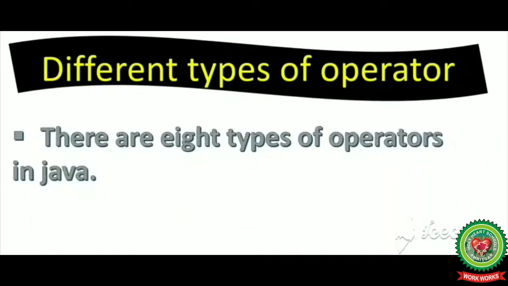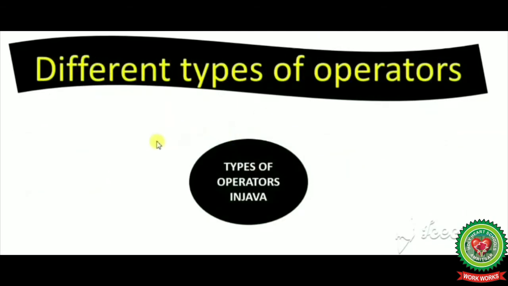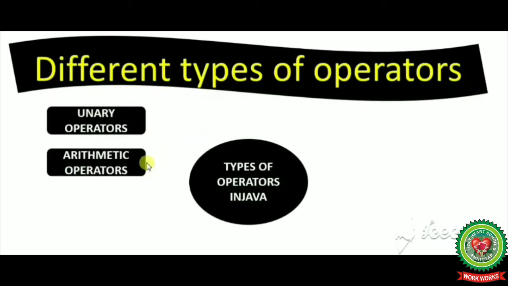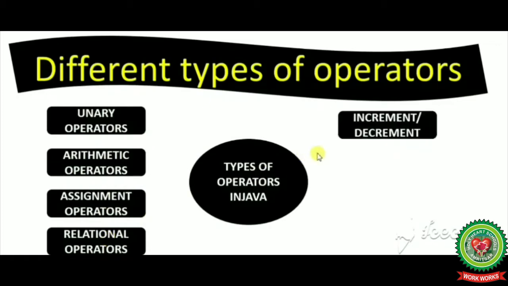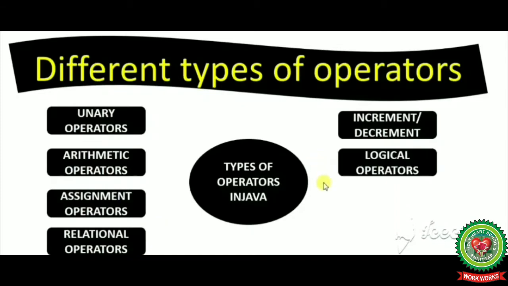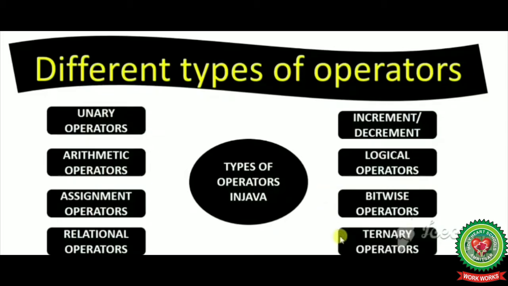So there are 8 types of operators in Java. See students, number 1 unary operators, number 2 arithmetic operators, number 3 assignment operators, number 4 relational operators, number 5 increment decrement operators, number 6 logical operators, number 7 bitwise operators and number 8 ternary operators.